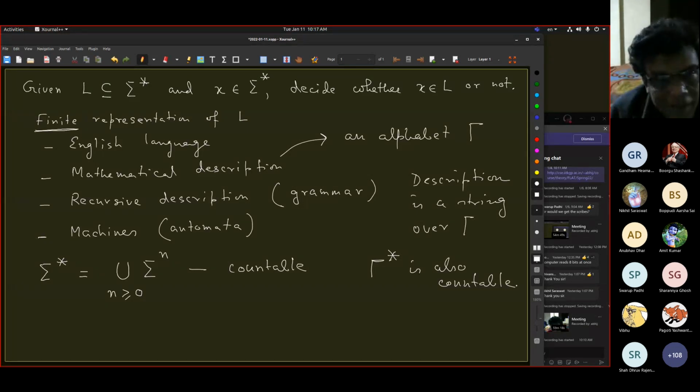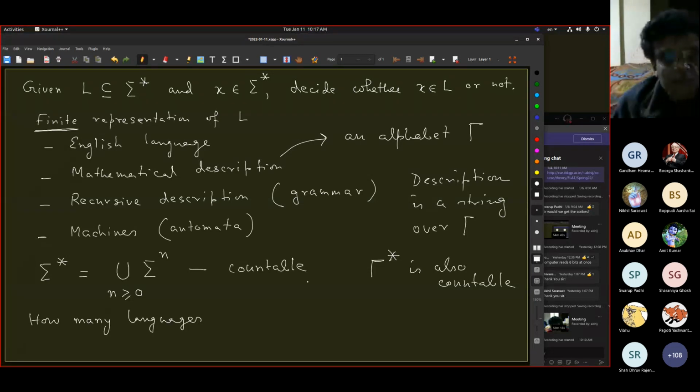Okay. Now, if I look at languages, languages are subsets of gamma star. So how many languages? Is it countable or uncountable? Uncountable. Because it is basically the power set of sigma star, which is countably infinite. Okay. So this is the set of all languages, 2 power sigma star, and this is uncountable.